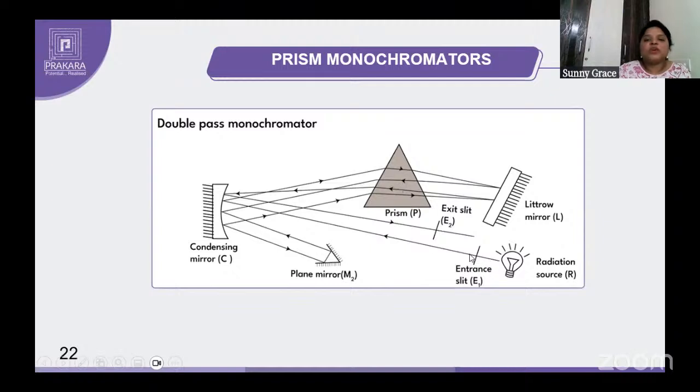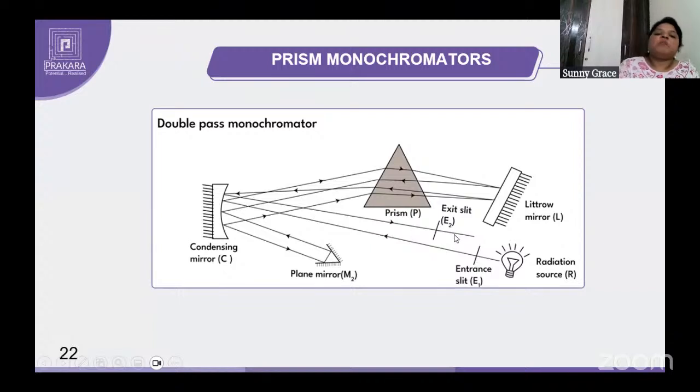Again, from the radiation source it goes into the sample, and from the sample the IR light is transmitted through the mirror to the prism, where dispersion takes place, and with the help of the Littrow mirror it is reflected back to the condensing mirror. The arrangement of this plane mirror helps the double pass. Like this, it comes out of the exit slit.